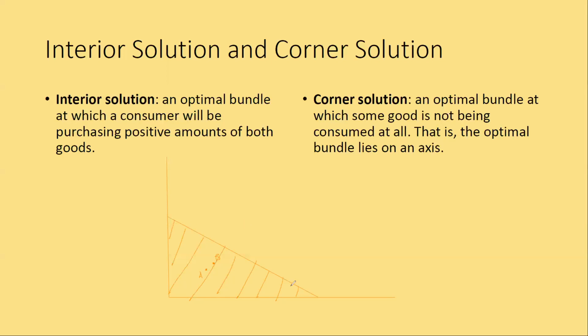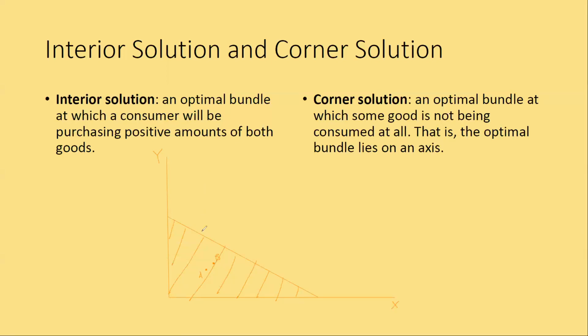Now, if we look at this budget constraint, the interior solution basically means any point that is not on the two axes. So if we have an axis for good X and an axis for good Y, the interior solution means a point that is not on the axis.